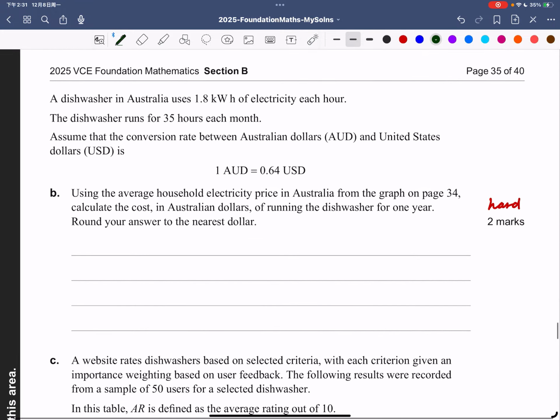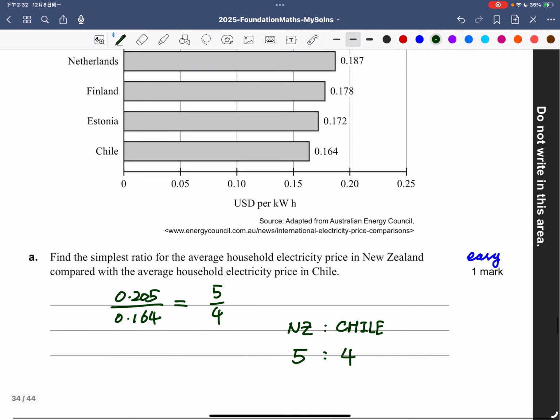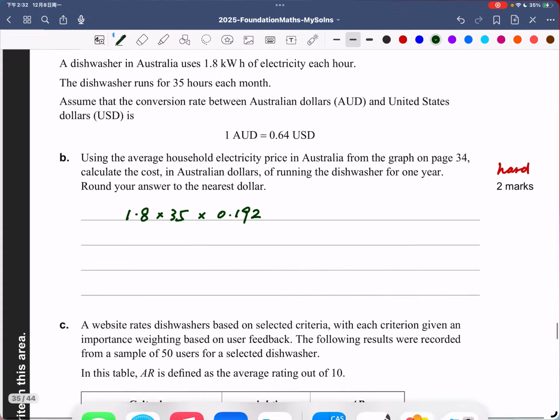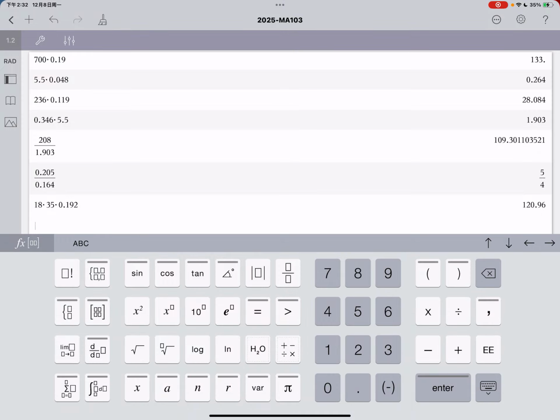A dishwasher in Australia uses 1.8 kilowatt hours of electricity each hour, 35 hours. So 1.8 times 35 hours times the electricity price for Australia, that is 0.192. Bear with me. $120.96.